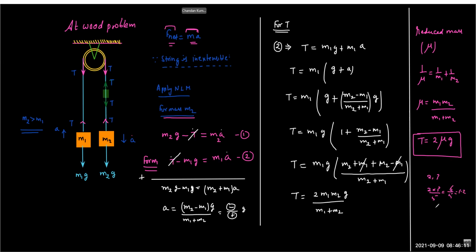So that's why the term reduced is used. So reduced mass is less than any individual mass. If I take 1 kg and 10 kg, the reduced mass will be less than 1 kg. If I take 10 kg and 100 kg, then the reduced mass will be less than 10 kg. So reduced means less than the minimum of the two values.